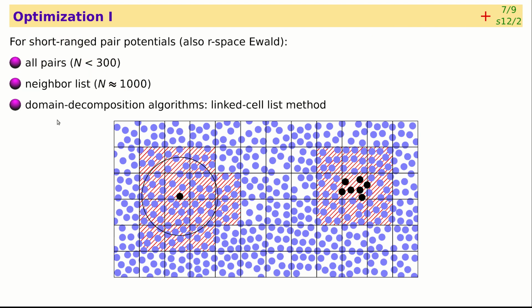For even larger systems, this is not sufficient. Then we use algorithms which are based on the so-called domain decomposition. One of them is the linked cell list method. In this method, we have a system that contains a lot of molecules like here, and we take a molecule or an atom. We know that we have a certain cutoff, so we pre-calculate only those cells that are within this cutoff, and we check only atoms in these cells.